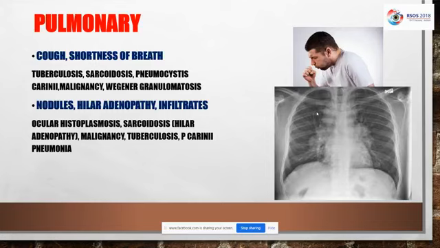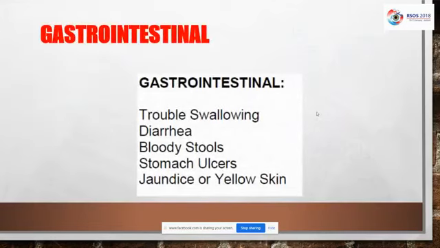Also tuberculosis, also pneumocystis carinii infection, and pneumonia. So those are some of the important things you need to correlate with the chest X-ray of the patient and the history of uveitis.